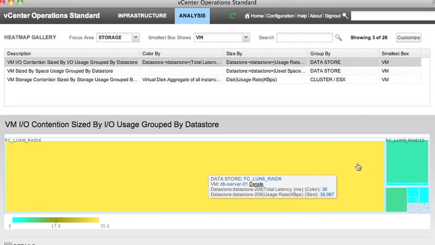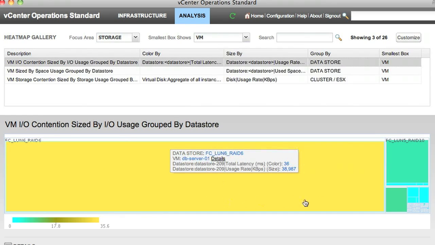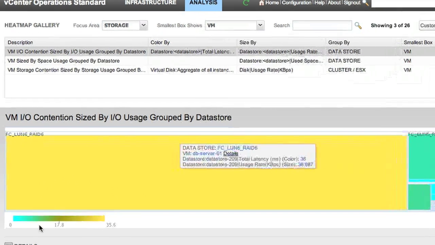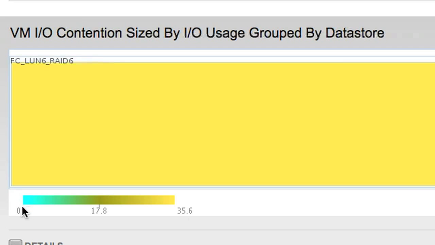So, what do the colors mean? We see some colors are closer to yellow, while others move almost into the blues or bluish greens. The legend down here shows the amount of latency from 0 milliseconds all the way up to about 35, 36 milliseconds.